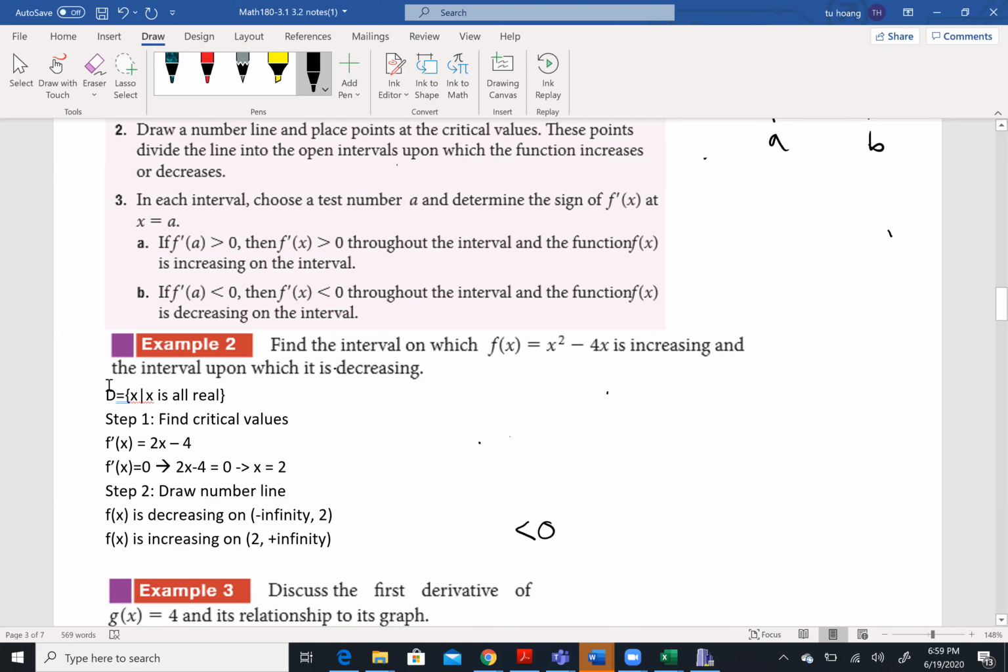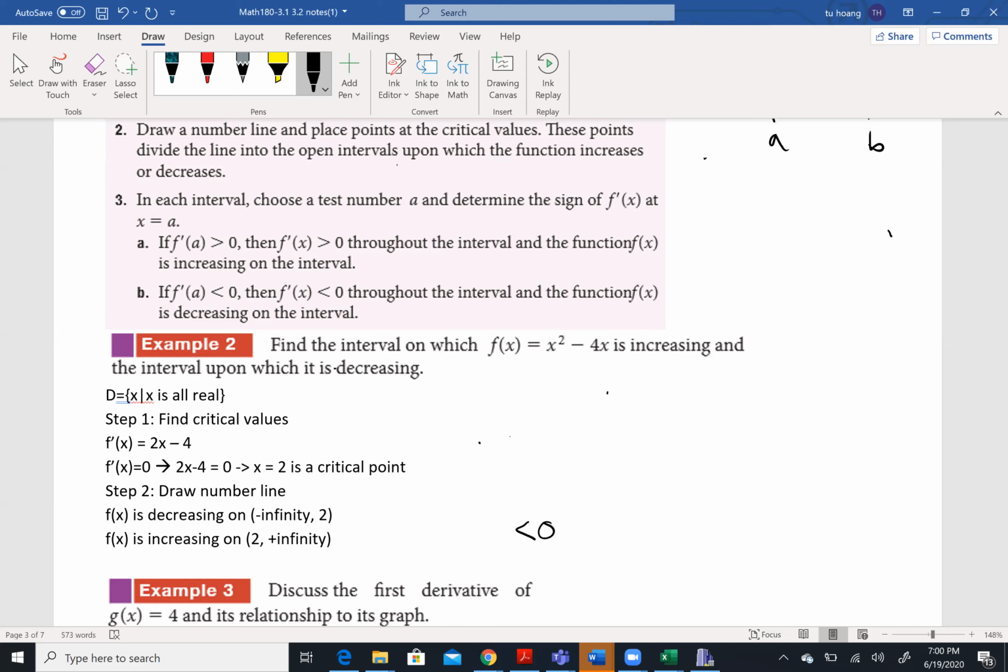And then f prime of x will be equal to 0 when 2x minus 4 equals 0. Then I'm going to have x equal to 2 as the critical point. Okay.